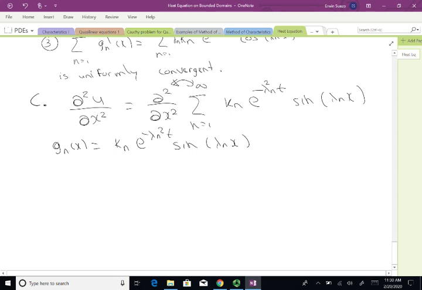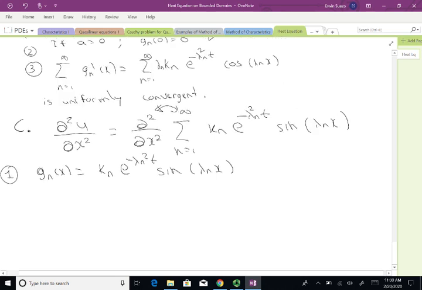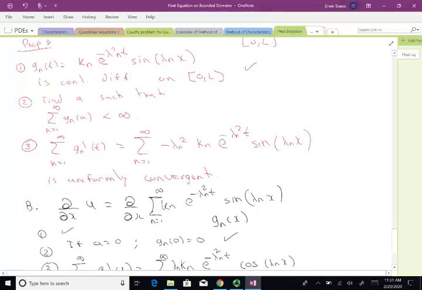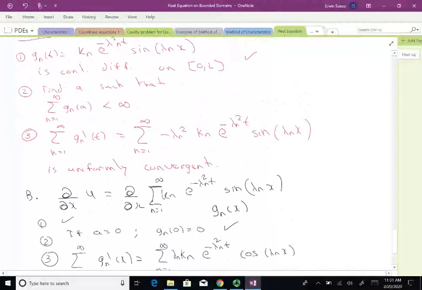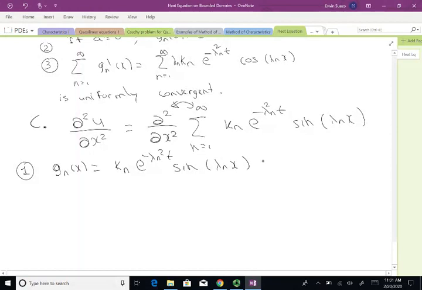Okay, so part 1 of proposition 3 says that g_n of x must be continuous and continuously differentiable on 0L. Is continuously differentiable on 0L. Okay, that's for x.